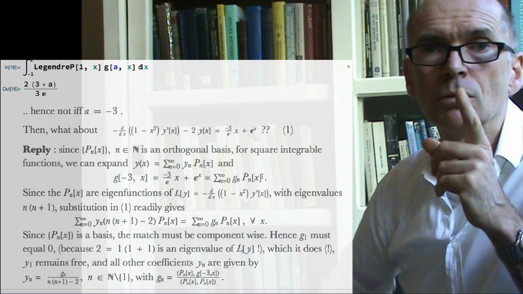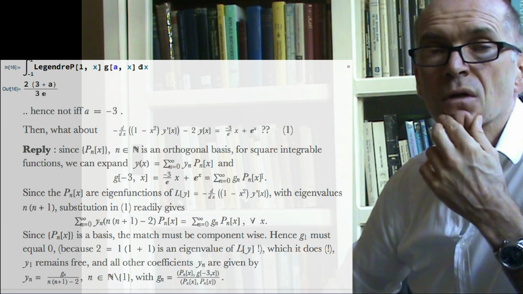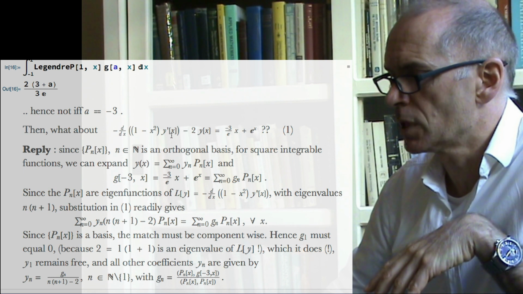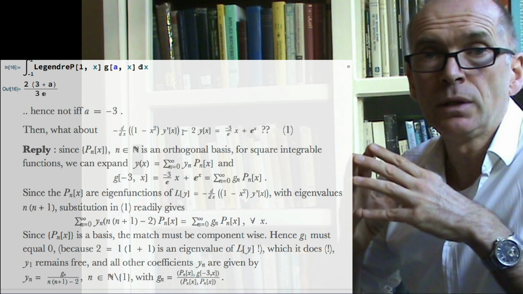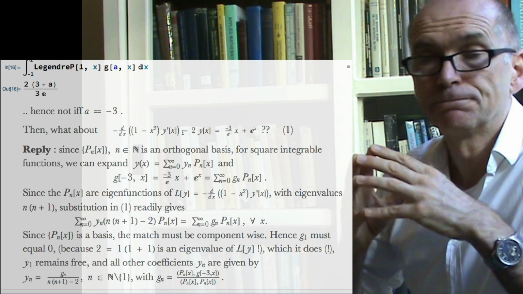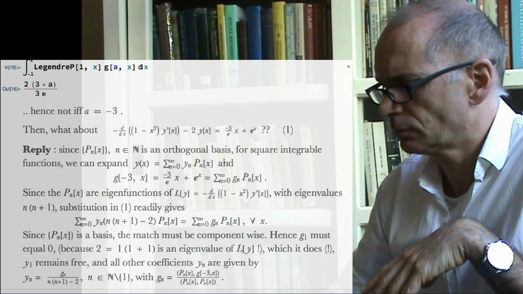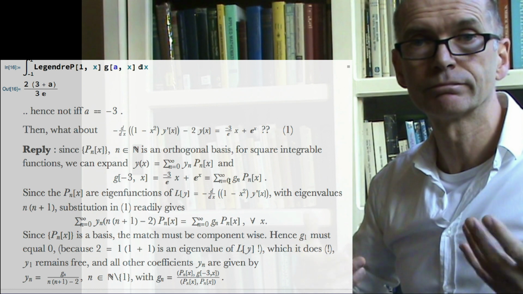Now what is key to know is that the Legendre polynomials are eigenfunctions of this operator. And the eigenvalues are n times n plus 1. By the way, in an exam situation I would give that.